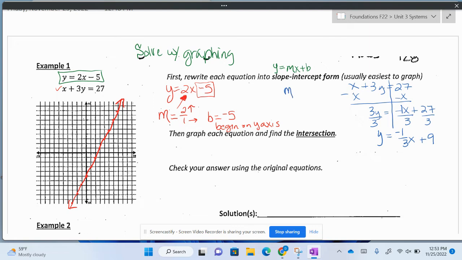So my slope in this equation is negative 1/3. That means I'm going to go down 1 and to the right 3 after I graph the y-intercept, which is at positive 9.